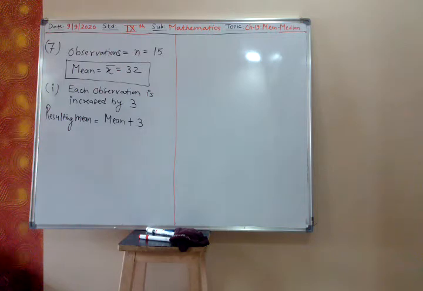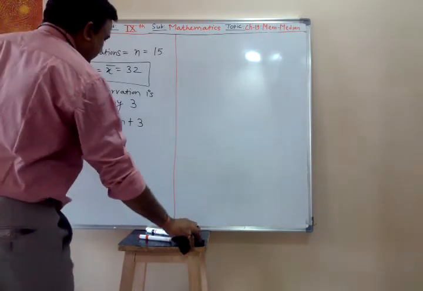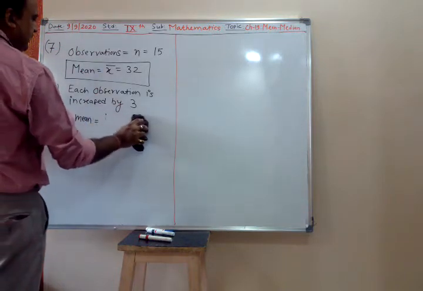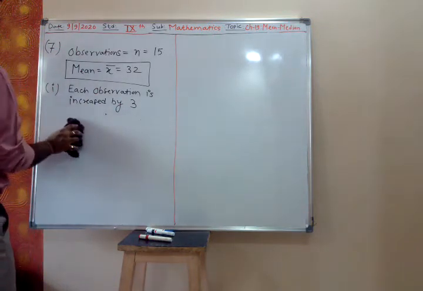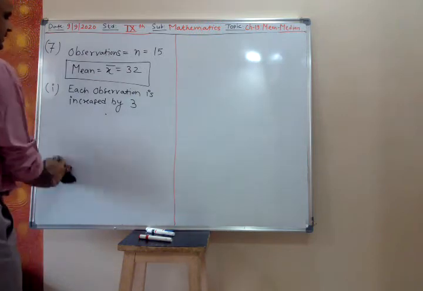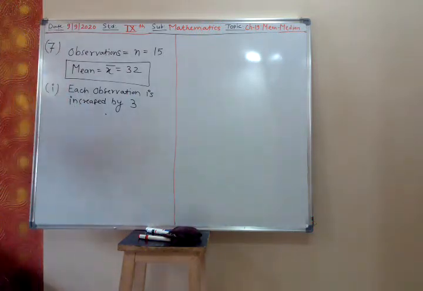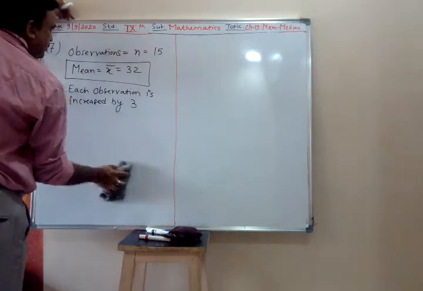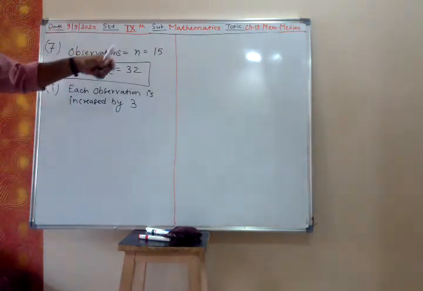Each value of x is increased by 3, not understood? Chalo, one minute, let me do. Each observation is increased by 3, correct? It is given. So in total there are how many values? 15.